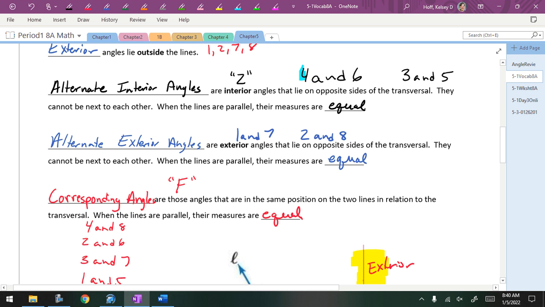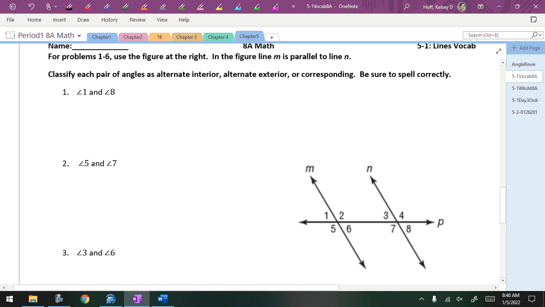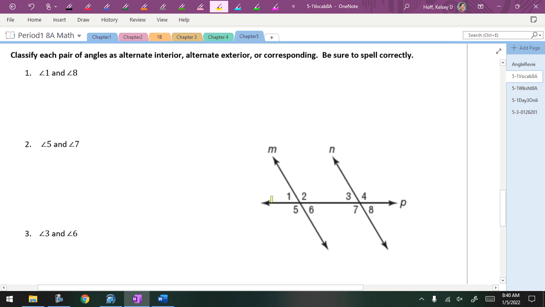Okay, it says classify each pair of angles as alternate interior, alternate exterior, or corresponding. Nobody's going to shout an answer. If we go to the diagram and Miss Hoff traces angle 1 and angle 8, don't say the answer out loud. You write down for me, are those two angles alternate interior, alternate exterior, or corresponding?